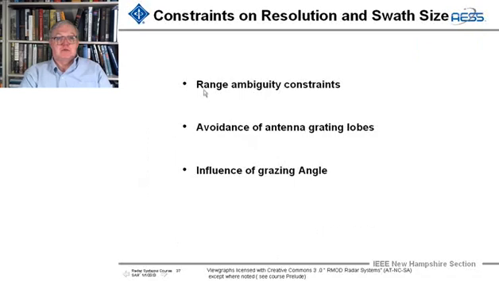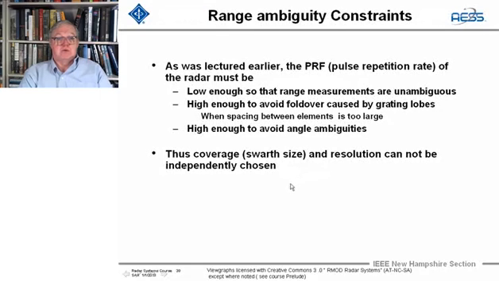Now we're going to look at constraints on the resolution because of range ambiguity. We want to avoid antenna grating lobes and the influence of the grazing angle on these issues.